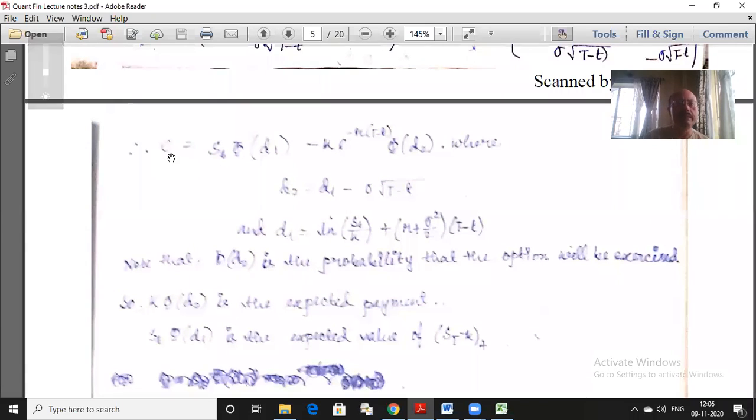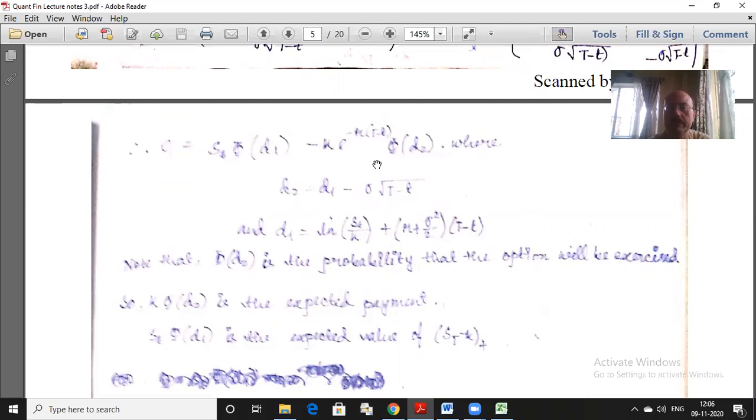So this is C. I will just read it to you. This is C, which is the price of the European call option. And the final result will be C equals ST, which is the stock price now, times capital phi at D1. Capital phi is the CDF for the normal distribution, cumulative distribution function, minus K discounted, e to the power minus r(T minus t), capital phi of D2.